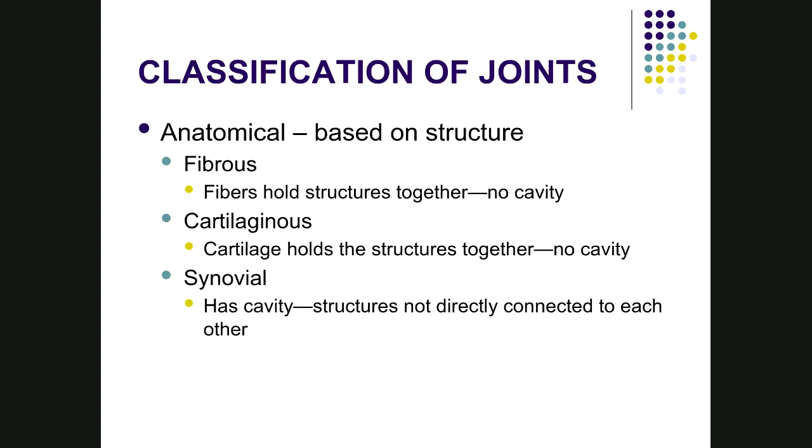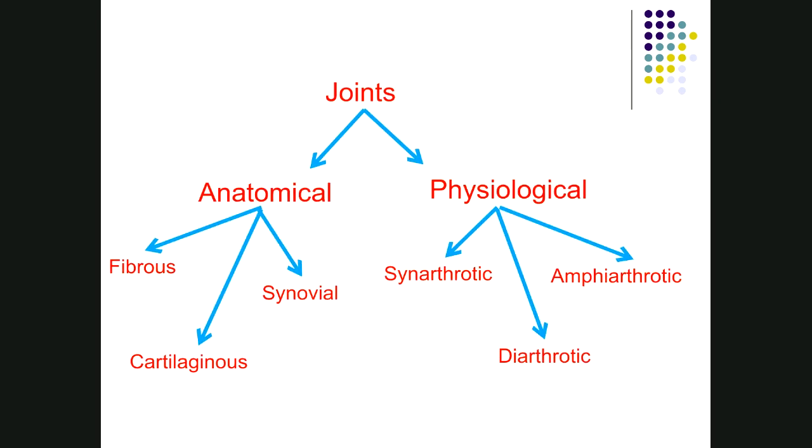Well, you can classify every single joint in your body both ways. If you just pick the shoulder joint, when you look at it, it's a synovial joint. We'll talk about what makes it a synovial joint later on. But then think about how much movement there is at the shoulder.